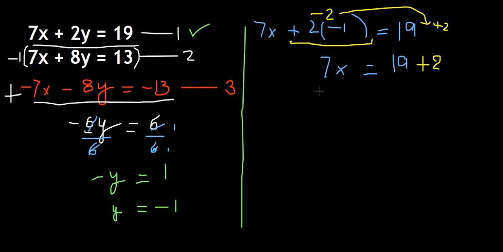Now 7x equals 21, and then we have to again divide both the sides by 7 so that the 7 with this x variable can be removed. So we have 7 over 7 and then 3. So x therefore equals 3.